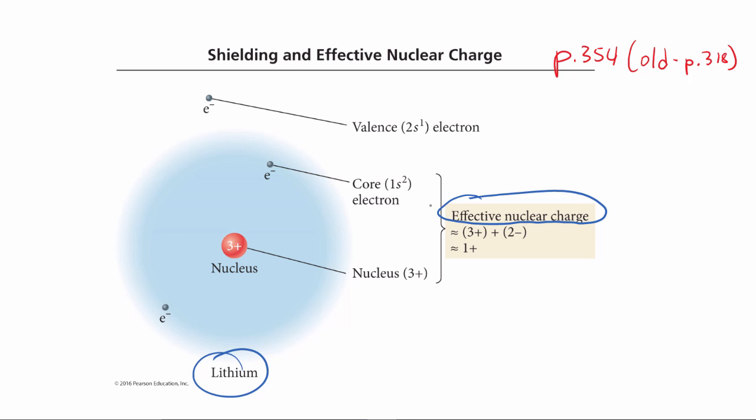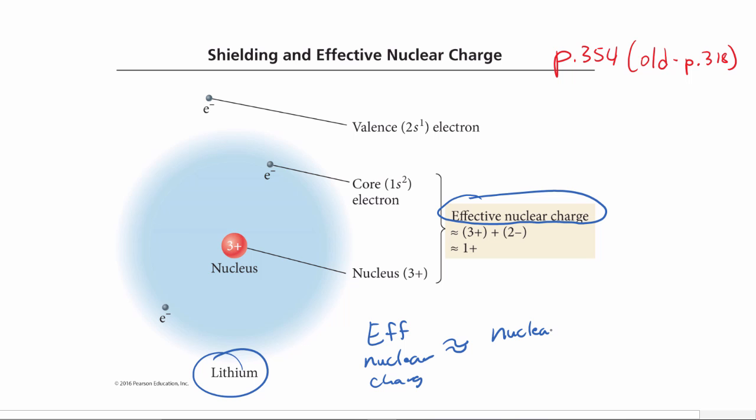So again, the effective nuclear charge is approximately equal to the nuclear charge minus the number of inner level electrons. I shouldn't say it's exactly equal, it's actually an approximation as your author is showing here.